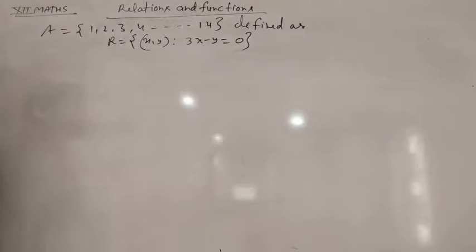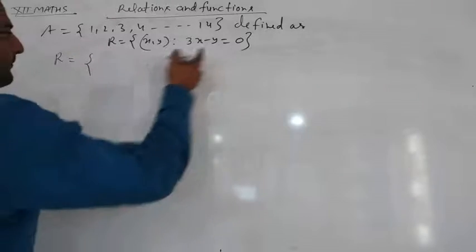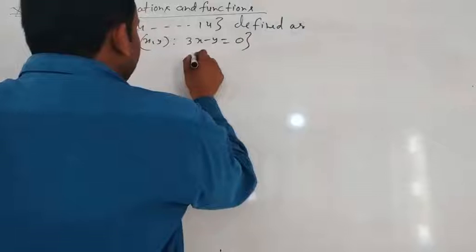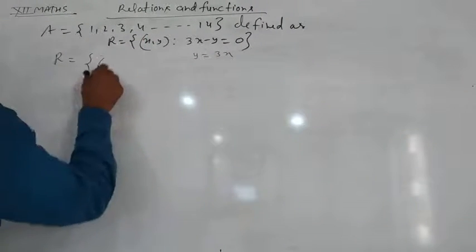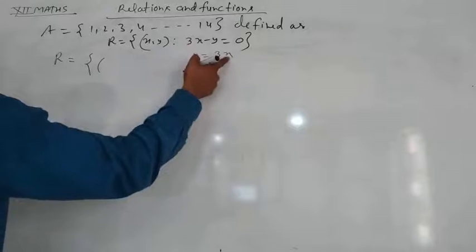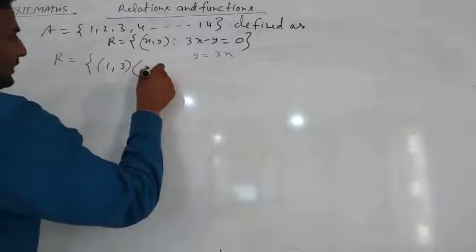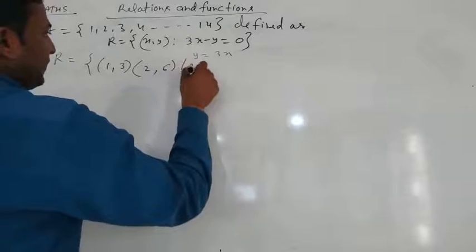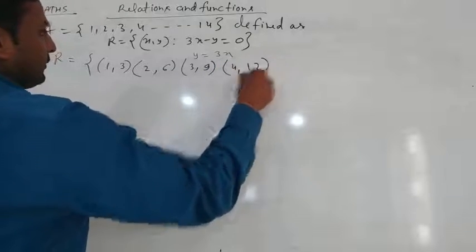So first of all, we are making the relation. We can write y is equal to 3x. So when we put 1, we get 3. When taking 2, we get 6, then 3 gives 9 and 4 gives 12.